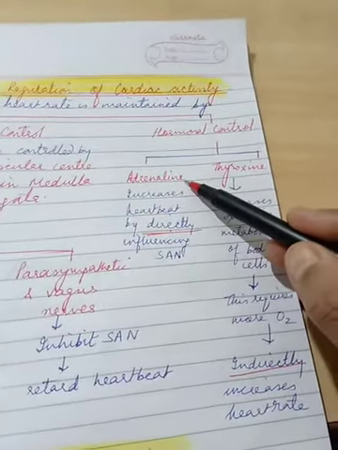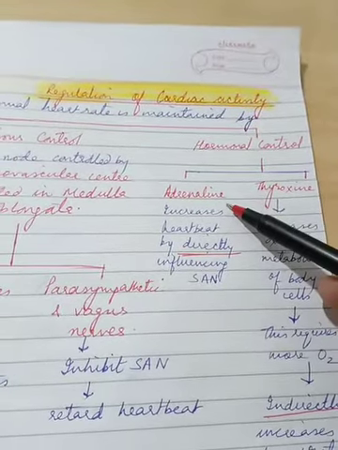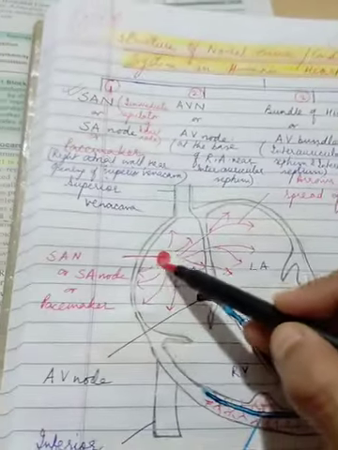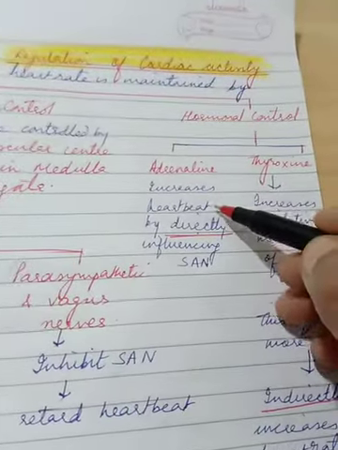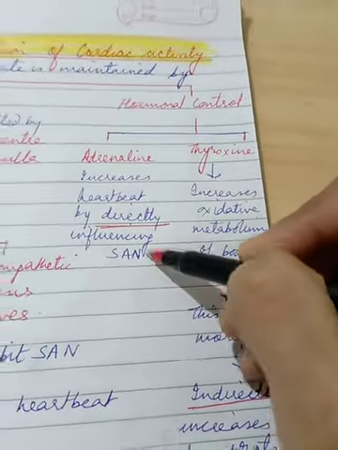First is adrenaline. I hope you remember the emergency hormone, right? Now this adrenaline increases heartbeat by directly influencing the SAN. The more the adrenaline, the more the increase in heartbeat, right, by an influence on the SAN.